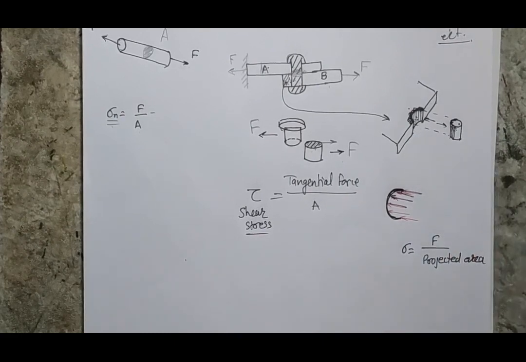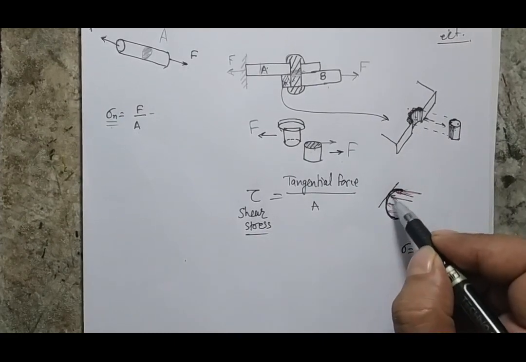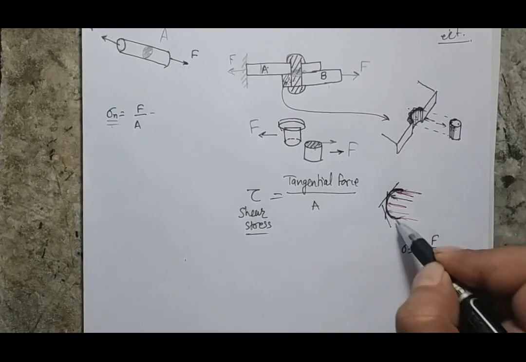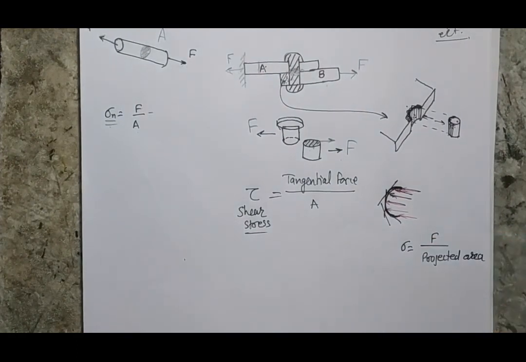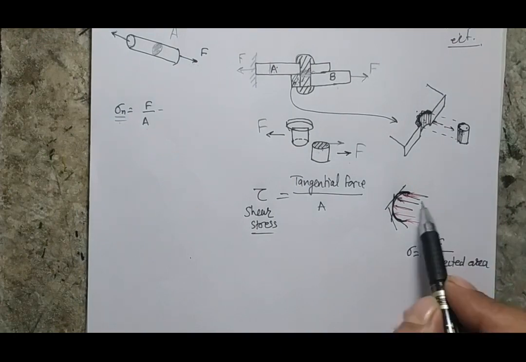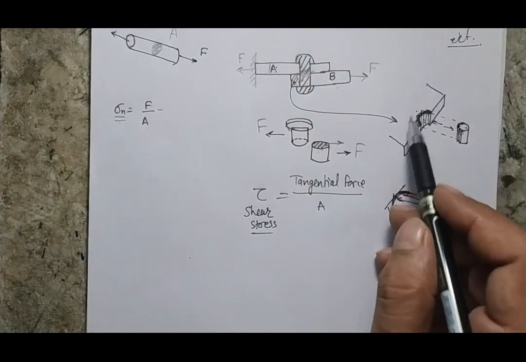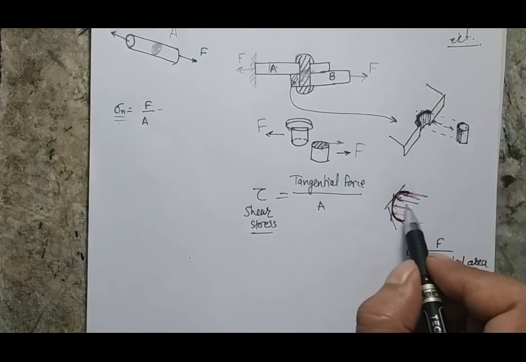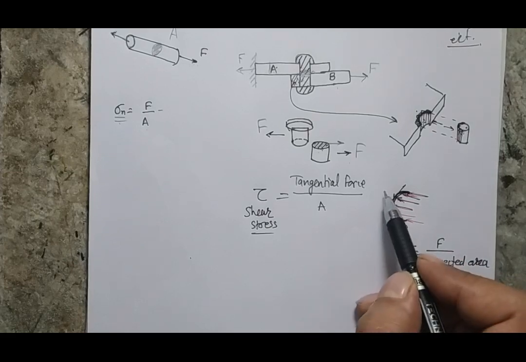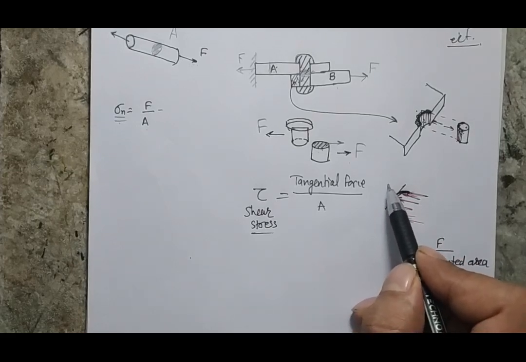The forces have some inclination relative to the tangent on the surface of the circular part. So if you want to calculate the stress, you cannot use the simple force divided by the cross-section area. Instead, your force is going to act on an equivalent projected area.